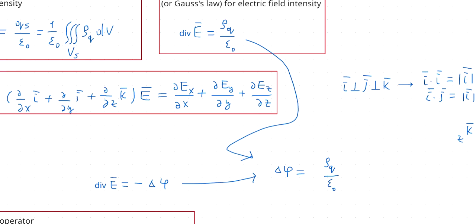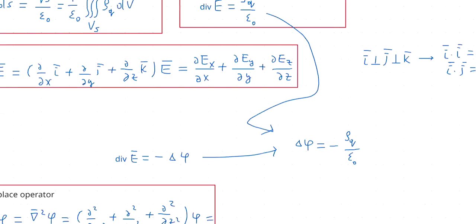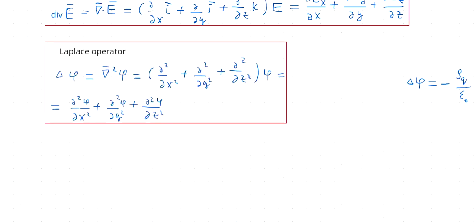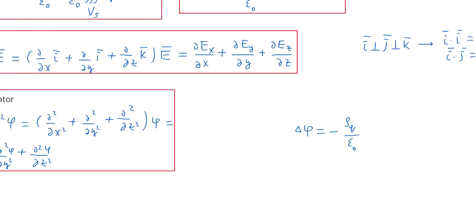And this equation is known as Poisson equation. So we have obtained Poisson's equation.